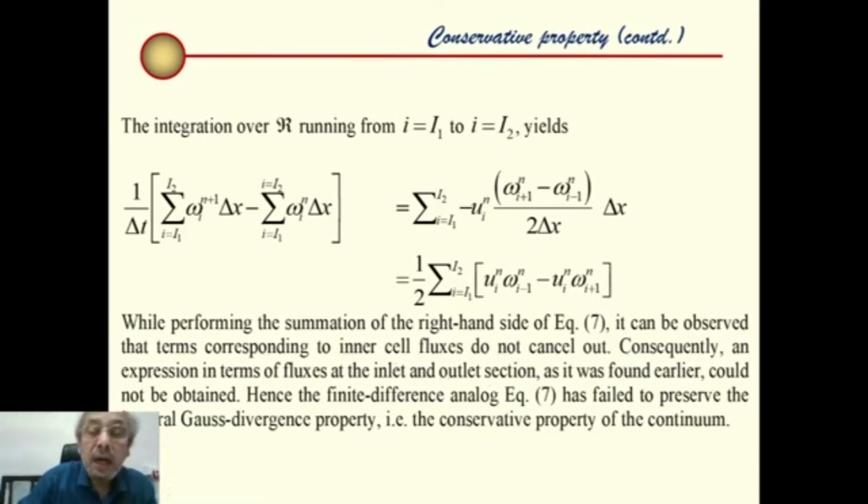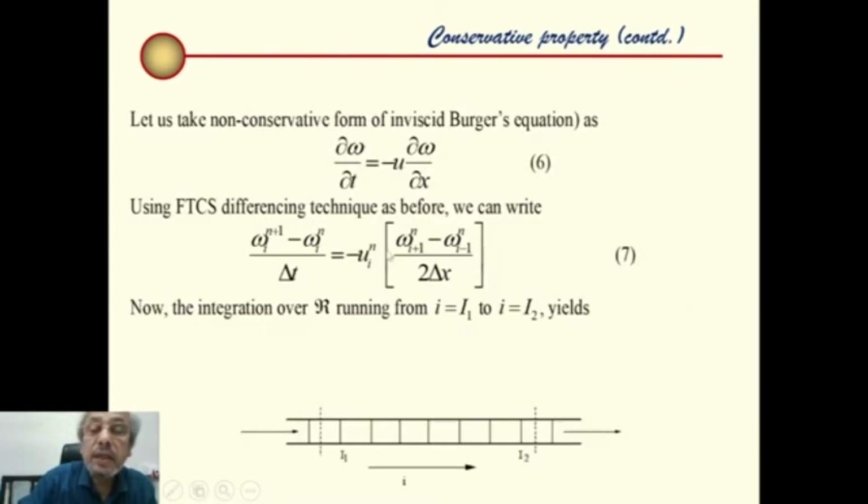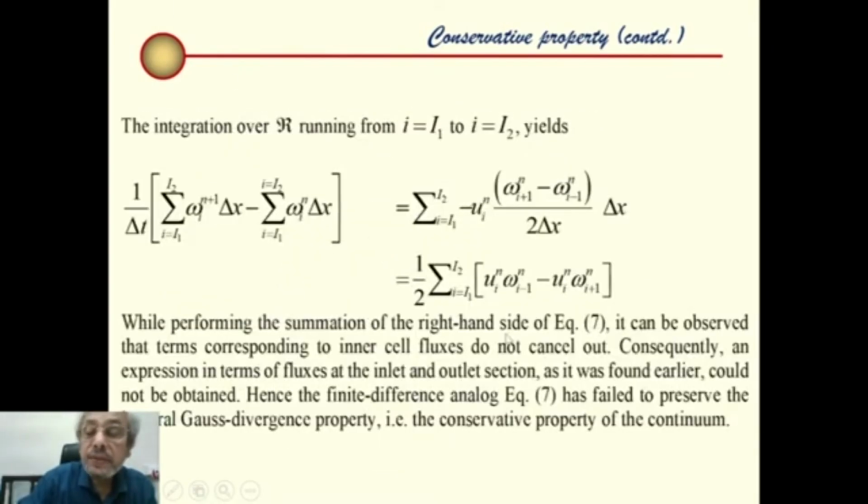And the final expression will not be outlet flux in the domain minus inlet flux, which we obtained in the earlier case. Hence, the finite difference analog, here we are calling equation 7, is unable to preserve the integral Gauss divergence property, that is conservative property of continuum.